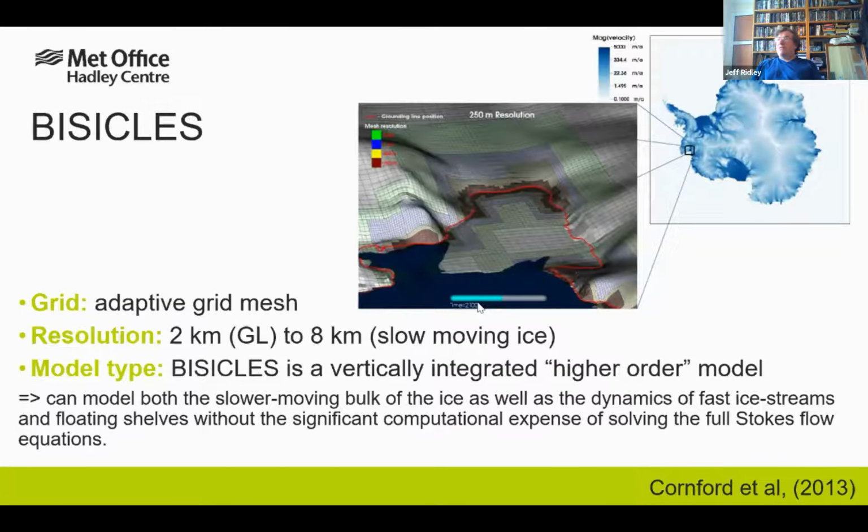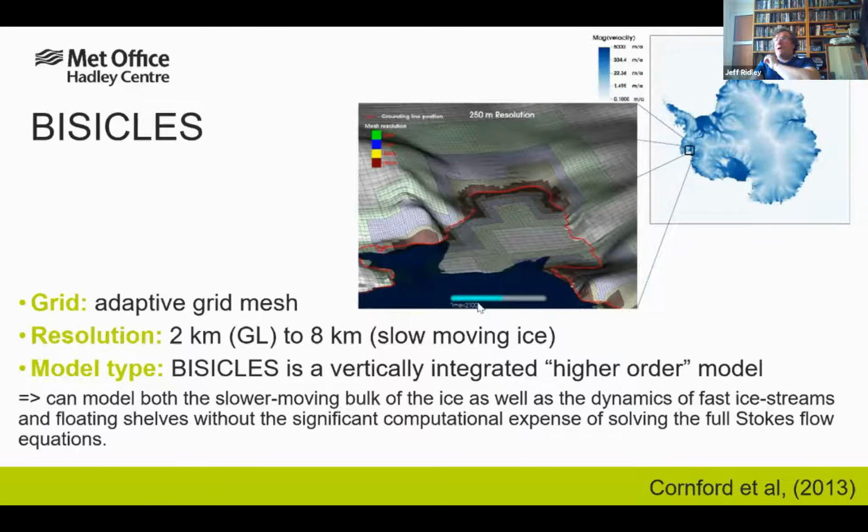So the ice sheet model itself, not the interface, is called BICYCLES, and it's on what's called an adaptive grid mesh. That means it's a square grid, but it can be refined, and it refines to the horizontal shear in the ice.